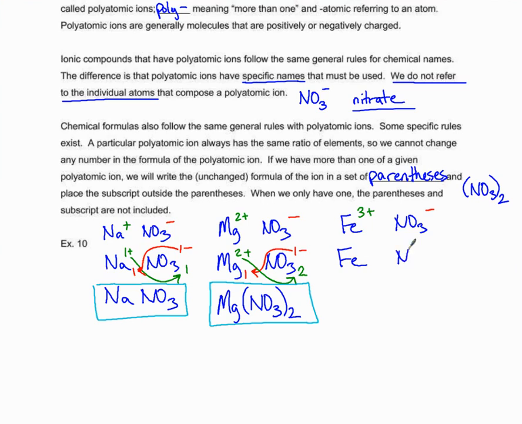And so let's go ahead and do our switching the charges method. So the 3 for the iron tells us that we'll have 3 nitrates, and the 1 on the charge of the nitrate tells me I will have 1 iron.